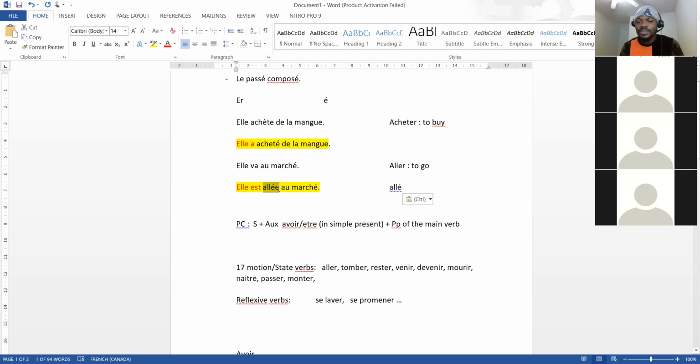The subject and the past participle must agree. What does that mean? It means that if the subject is feminine, then the past participle should also be feminine by adding e. But it cannot happen to this one because this verb uses auxiliary avoir. But once you notice that the verb is using auxiliary être, then you must think of agreement between the past participle and the subject. Though it is pronounced allé, the e doesn't change anything.